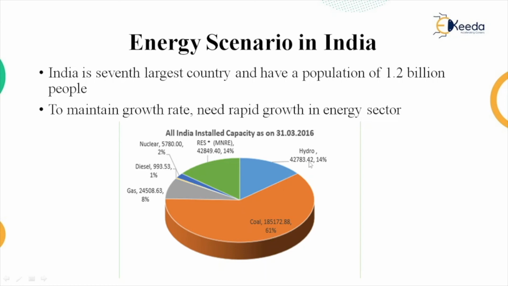Then 14% installed capacity is hydro, given as 42,783 megawatts. The third sector is renewable energy, 14%. Then gas, 8%. Then 2% from nuclear energy and 1% from diesel. So this is the current installed capacity of India.